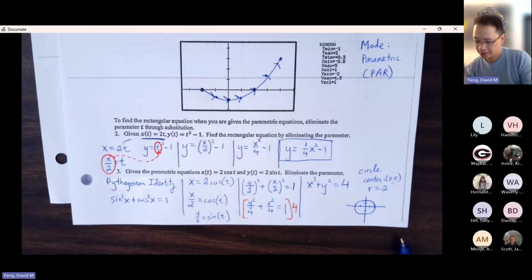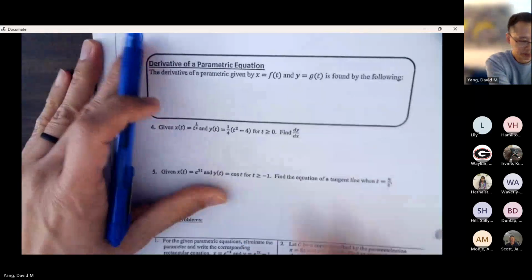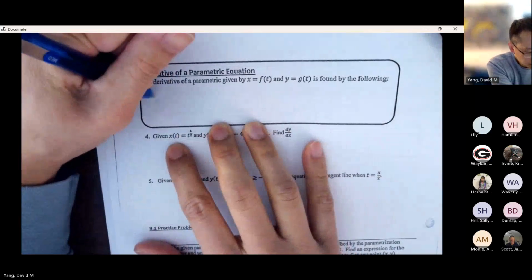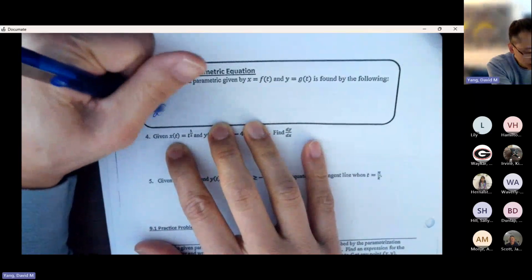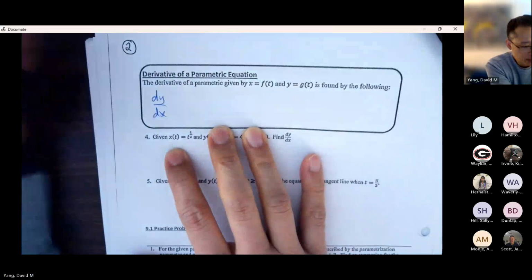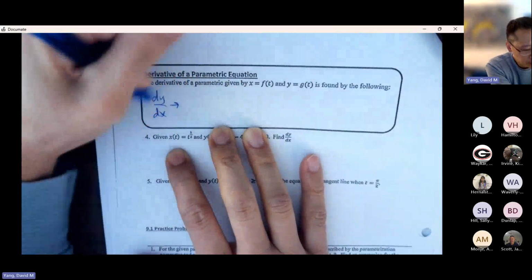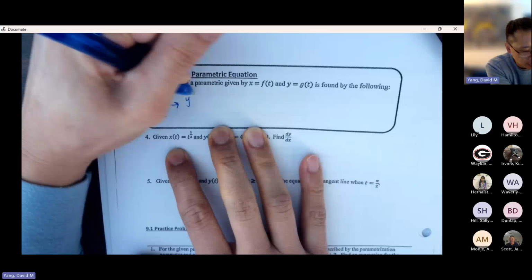Okay, next page. Here is the derivative of a parametric equation. So the derivative we know is dy/dx, which we can rewrite in a different form, y prime.